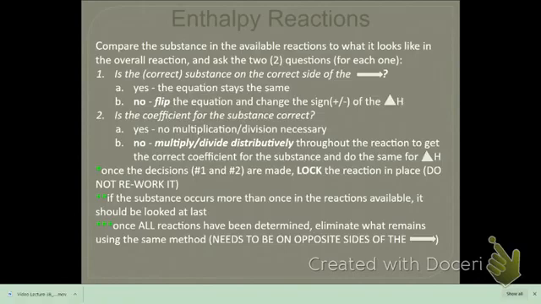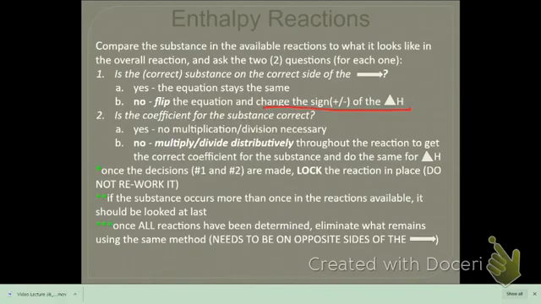If the answer is yes, leave the equation the way it is. If it is no, you have to flip the equation, and more importantly, you have to change the sign of the delta H. So if your delta H is positive, when you flip the whole equation, then you have to change the delta H to negative, and vice versa. Your second question on that species, is the coefficient for that species correct?